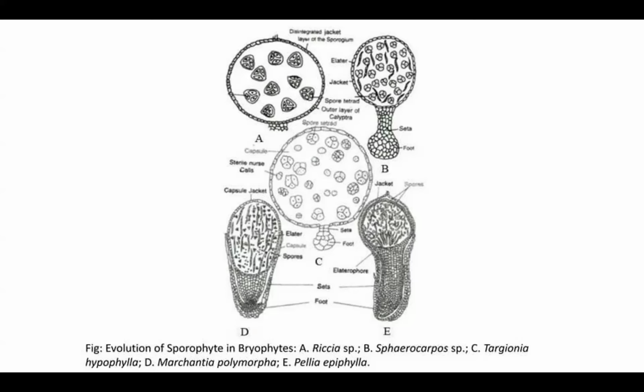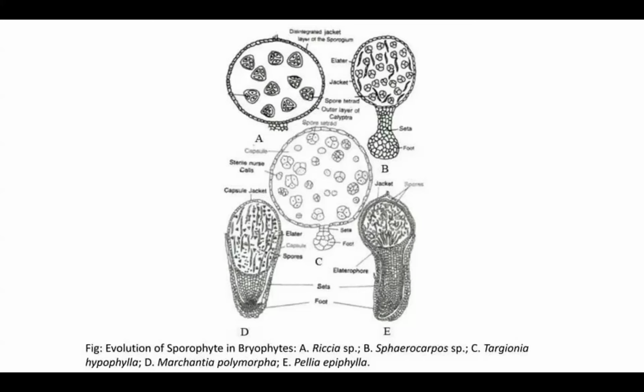In Marchantia, to protect the sporophytes, surrounding covering cells are also present, and it will have a foot, a multi-layered seta, and above that an oval-shaped capsule. The capsule consists of spores and elaters.